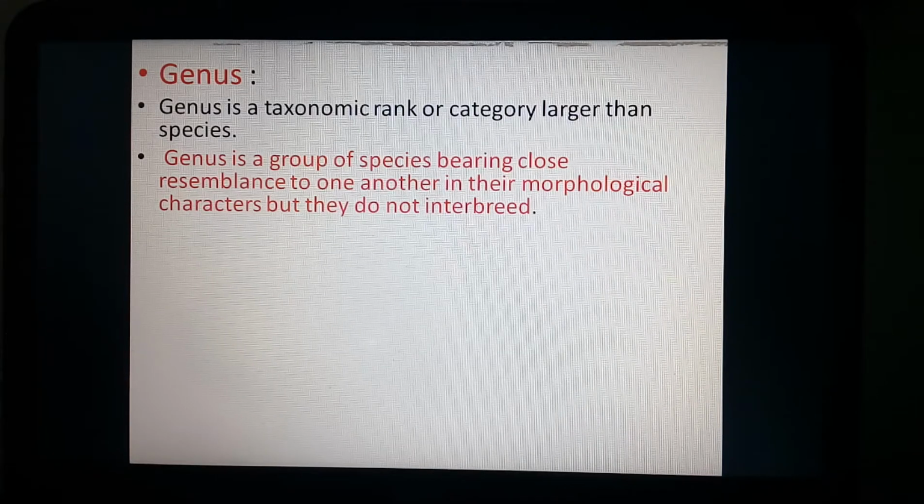So what is a genus? A group of species bearing close resemblance, but these organisms cannot freely interbreed naturally.